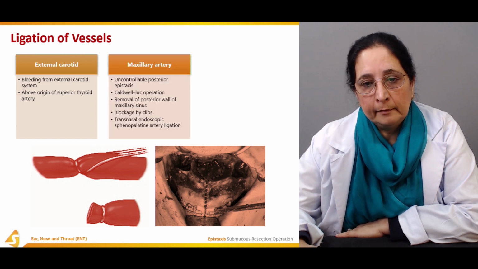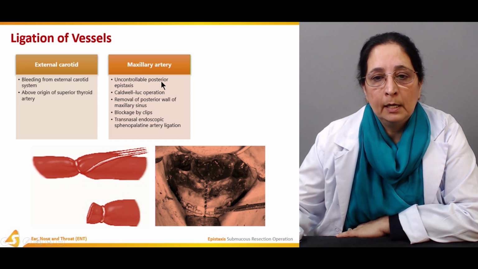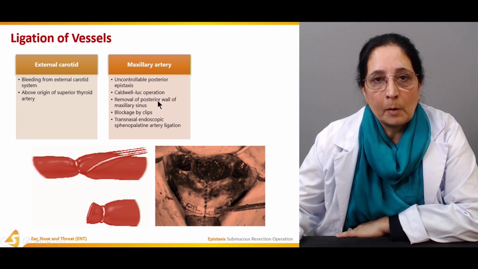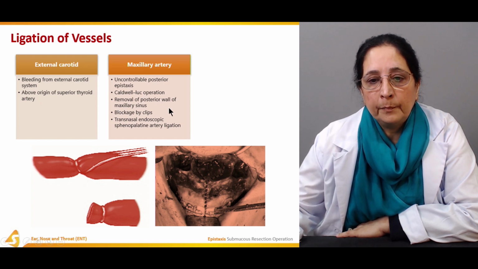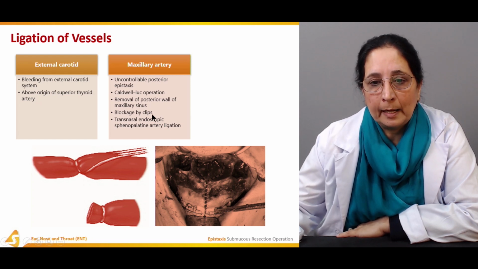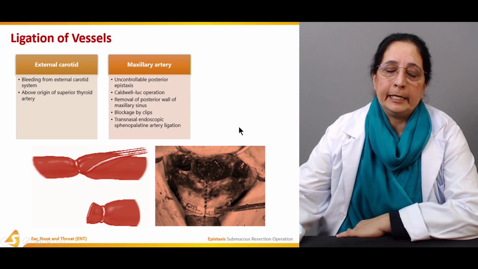If the maxillary artery is involved, then we have uncontrollable posterior epistaxis. Caldwell-Luke operation is performed, and this is removal of posterior wall of maxillary sinus, blockage by clips, transnasal endoscopic sphenopalatine artery ligation.